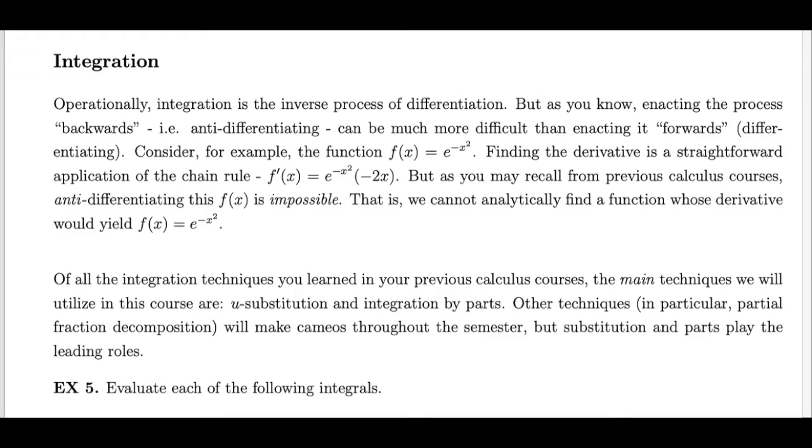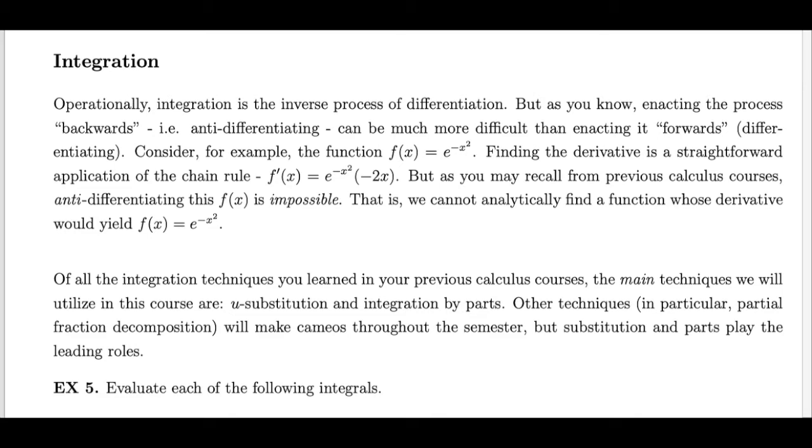And just as an example, in this first paragraph here, I have us consider the function e to the negative x squared. To calculate the derivative of this function, it's a pretty straightforward application of the chain rule. The derivative of an exponential is that same exponential, and then I just need to take the derivative of the inside function, multiplied by that.